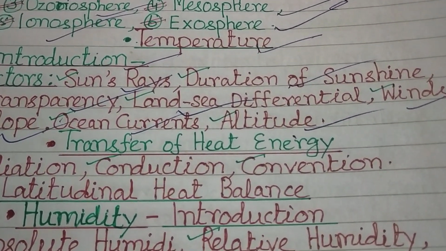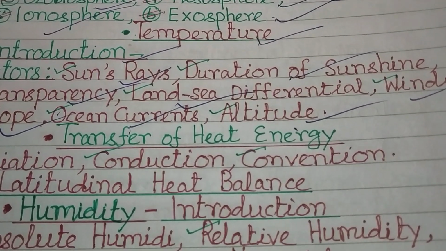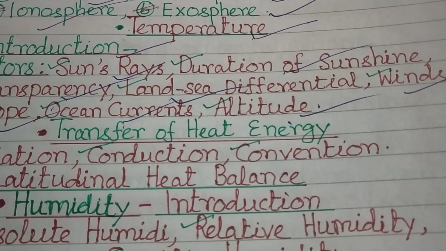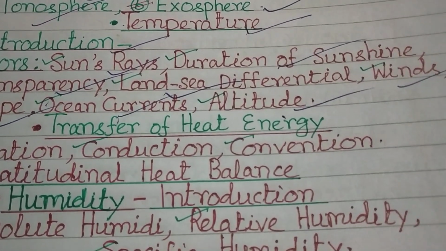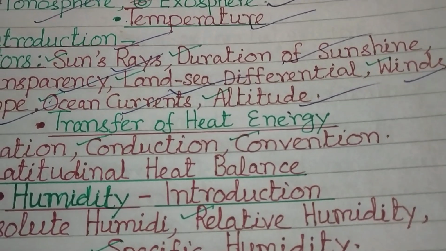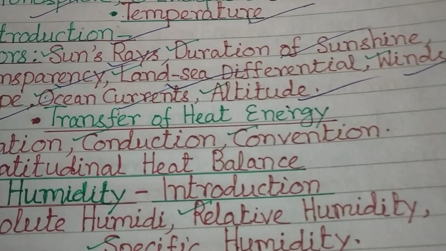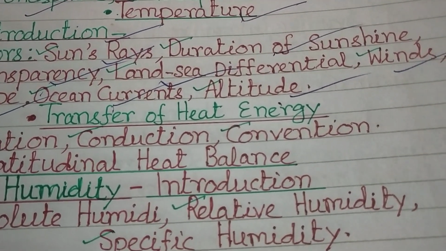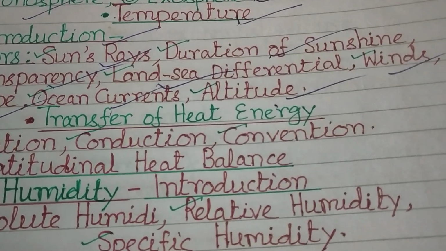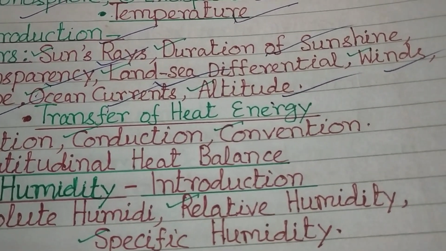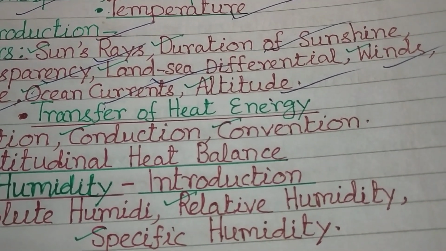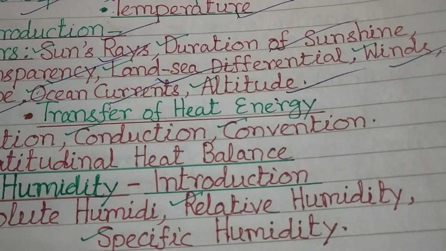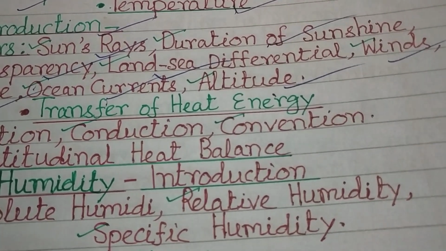Because of the small size of the earth compared to the sun and the great distance between the two, about 149 million kilometers, only a minute percentage of solar radiation, 1 in 2 billion parts, is intercepted by the earth.